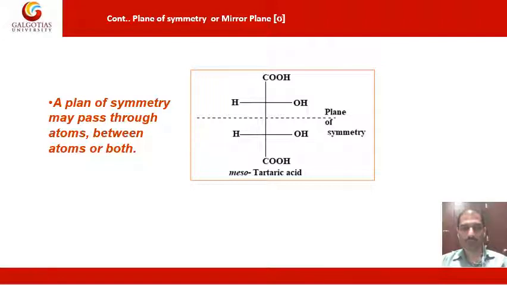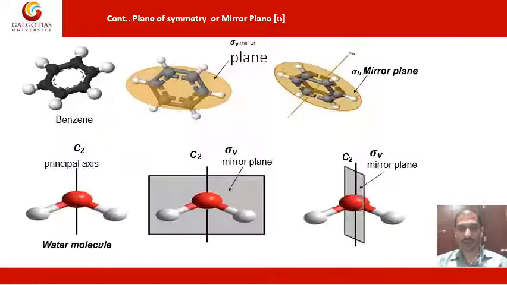By this way the molecule is like tartaric acid. Once you superimpose this part, it will be an equal half of the whole molecule. So here the plane is going to be passed horizontally. Now in case of the water molecule, a vertical plane can be passed over here.